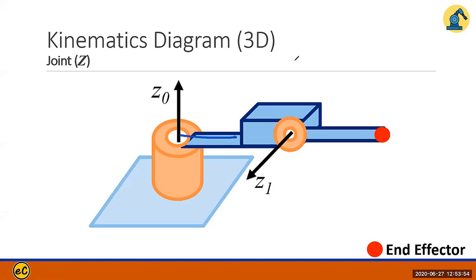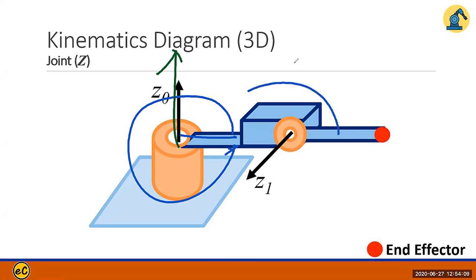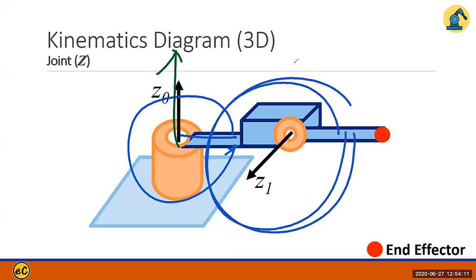Since your rotation makes a circle like this, the perpendicular direction is chosen for this revolute joint. Joint 1 here will make a rotation like this, or the other way. So the perpendicular direction is chosen for Z1 in this direction.